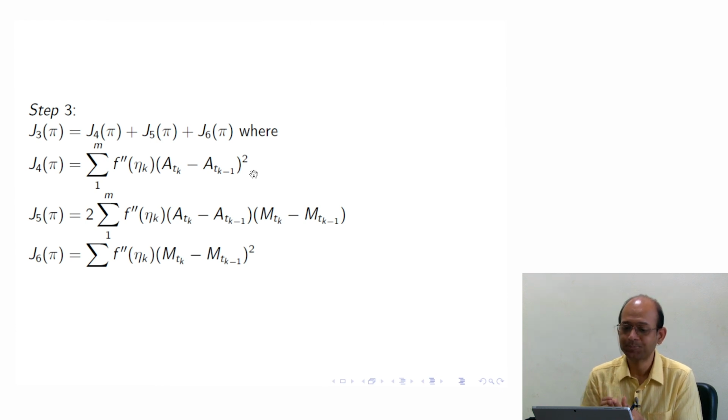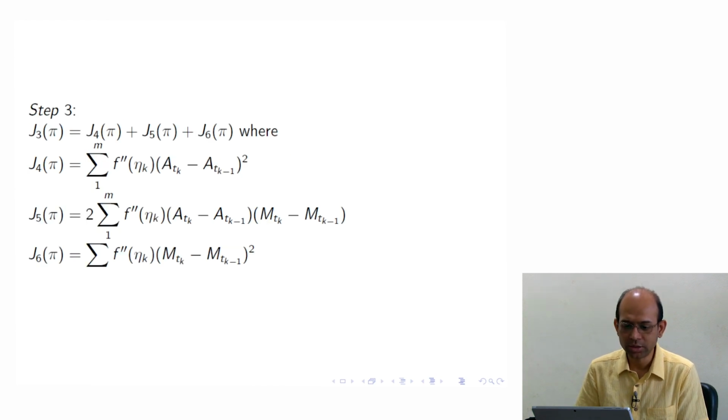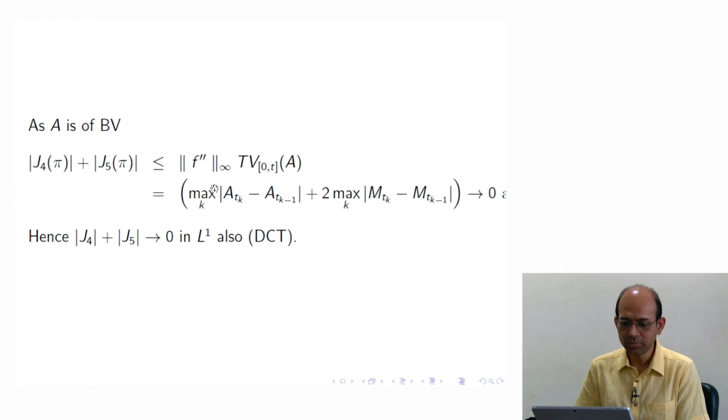In this product, for one term I can take the supremum over all possible t_k, and that term becomes independent of k and can come out of the summation. The maximum of |A_{t_k} - A_{t_{k-1}}| we take out of the summation, and this other term is also bounded, so that also comes out. What remains is the sum of |A_{t_k} - A_{t_{k-1}}|, which gives the total variation of A.